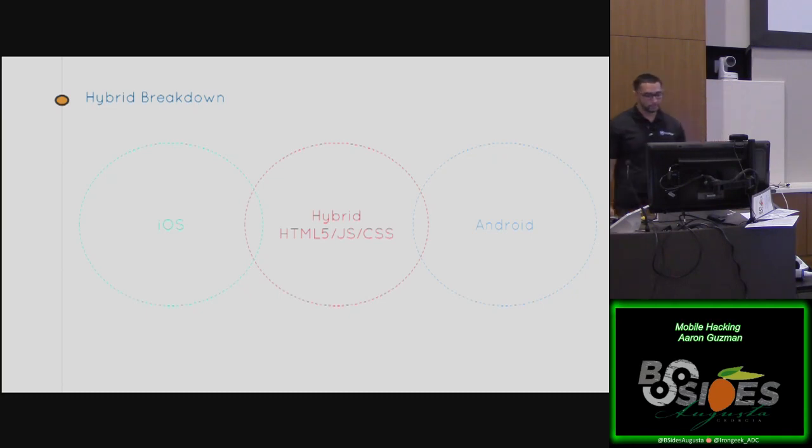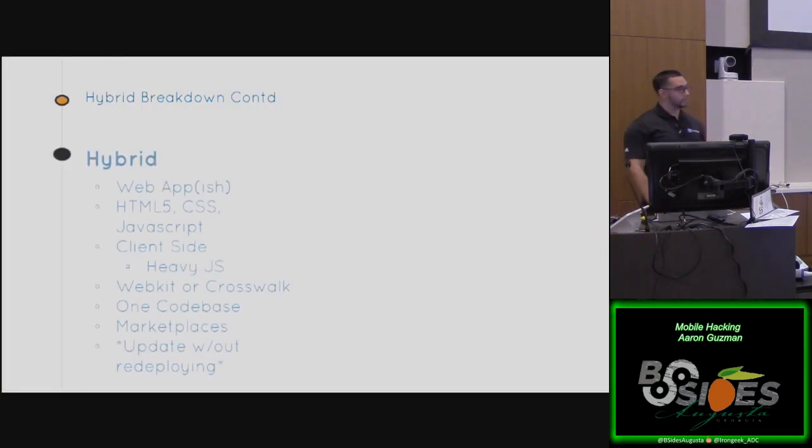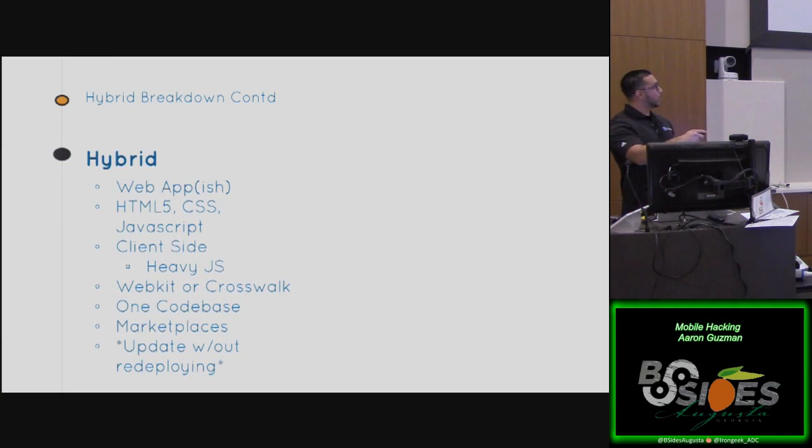But one of the keys about hybrid is you can update without redeploying, because it's JavaScript. You own the web server, you own the application server. All it is is what's called a web view, which is basically an in-app browser that dynamically executes code, like a web app, like I said, HTML5.